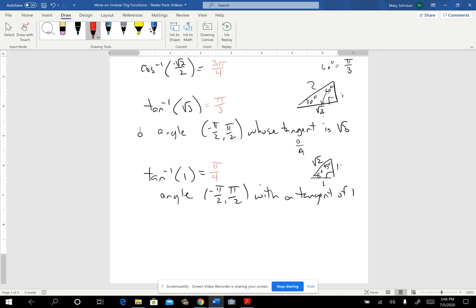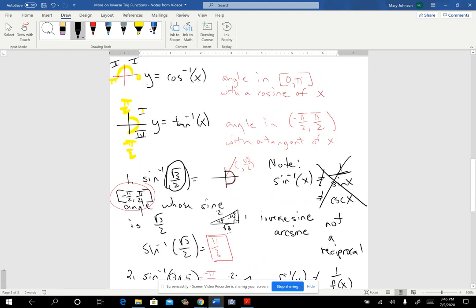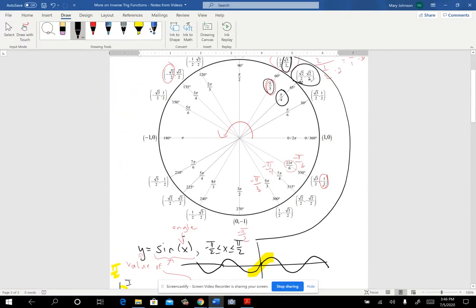Okay. And then what if it were tan inverse negative 1? Well, then I got to think about being within here and having a tangent of negative 1. So when you look at your unit circle, you should be focused on first and fourth quadrants. And here would be where you could get a tangent of negative 1. And so you got to be careful if that were to happen to you. Your answer is not going to be 7 pi over 4.